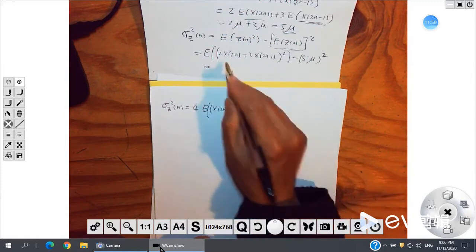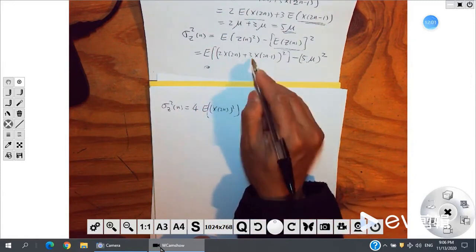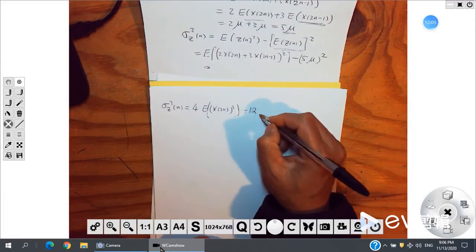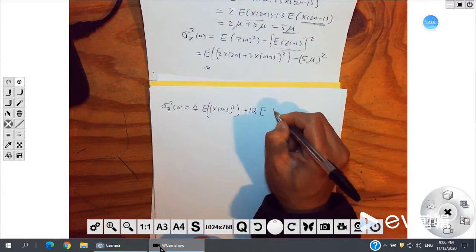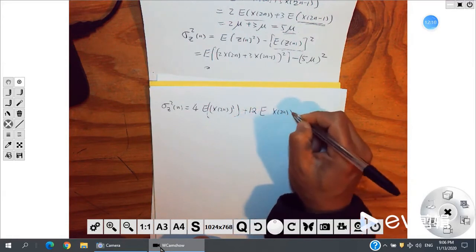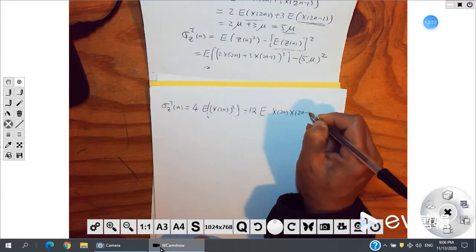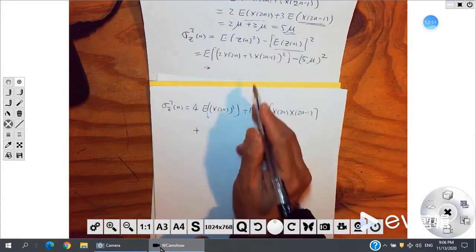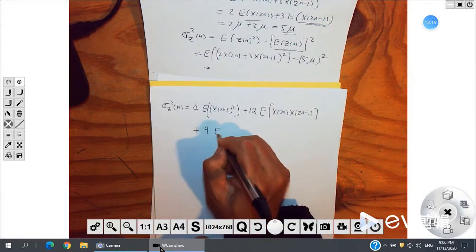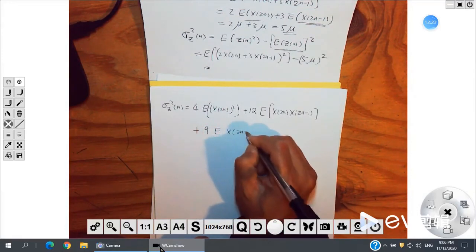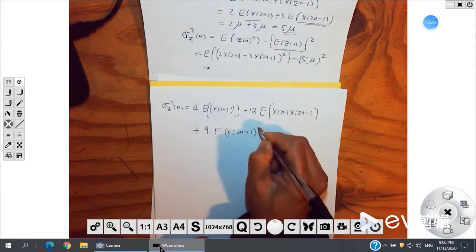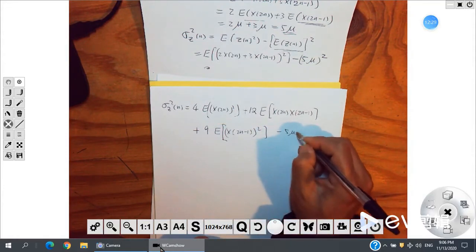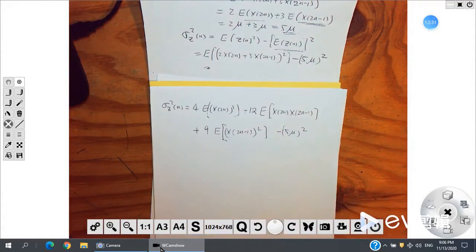And then combine these two together. 2 times 3 is 6, 6 times 2 is 12. 12 of E of x of 2n times x of 2n minus 1. Right. And then plus 3 squared, there will be 9. E of x of 2n minus 1 squared. Then take E. And minus 5 mu squared. Okay, so we have this one.